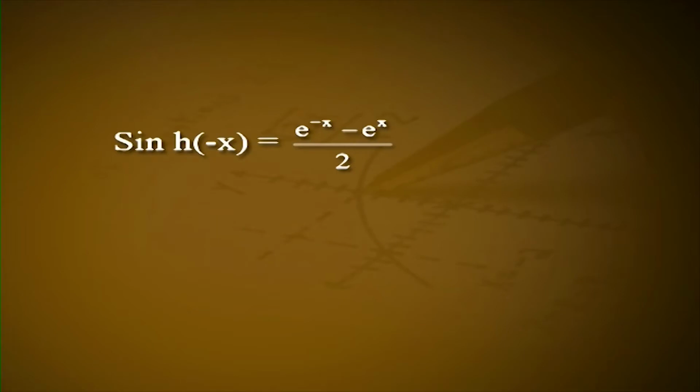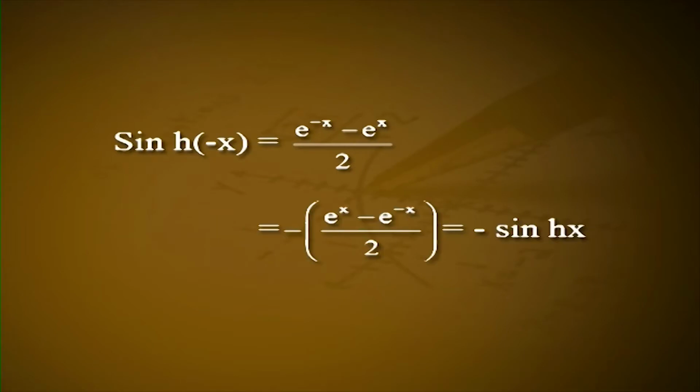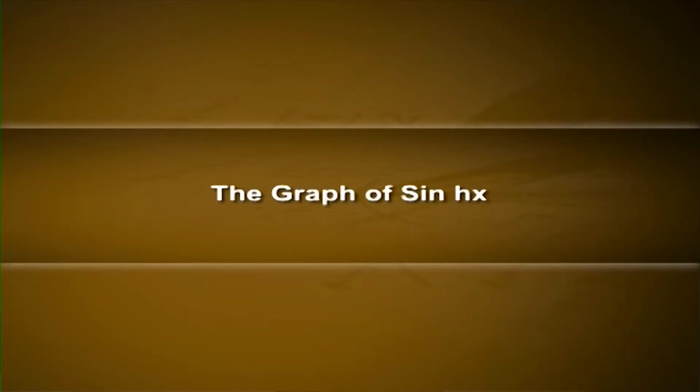Sinh of minus x is equal to e raised to minus x minus e raised to x divided by 2 is equal to minus of e raised to x minus e raised to minus x by 2, which is equal to minus of sinh x. Thus, the function satisfies sinh 0 is equal to 0 and sinh of minus x is equal to minus of sinh x. When x gets large, e raised to x increases quickly and e raised to minus x decreases quickly. The graph of sinh x.